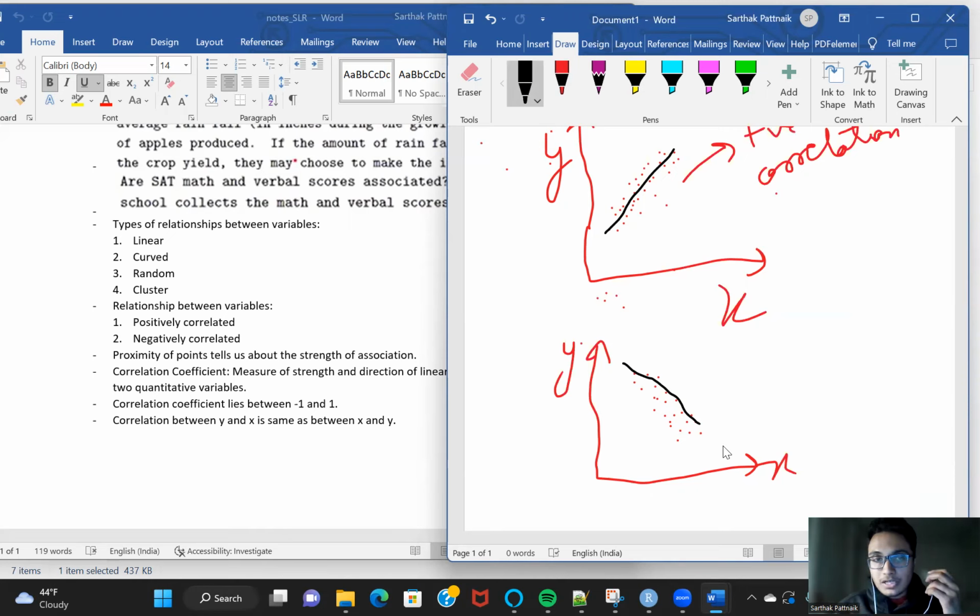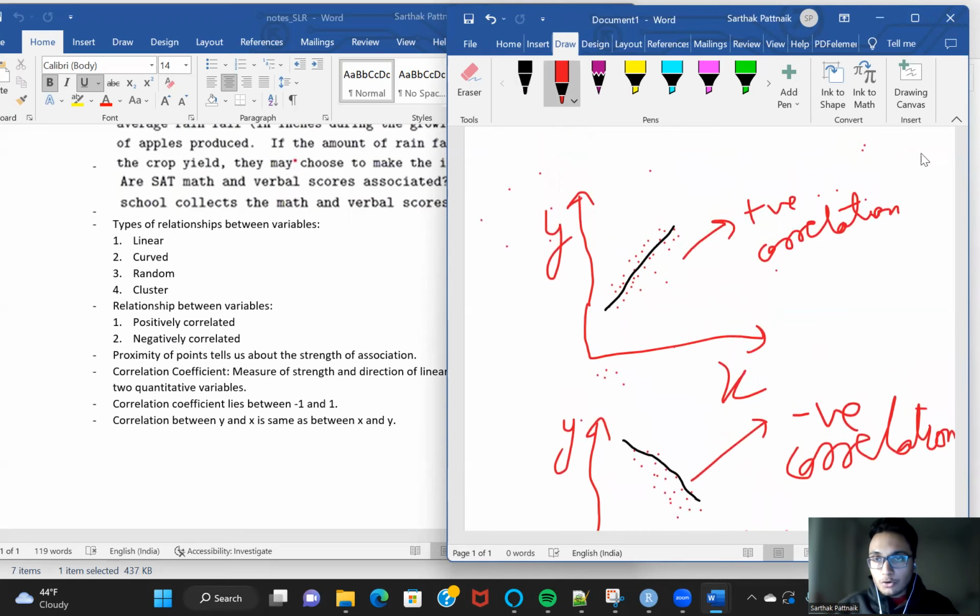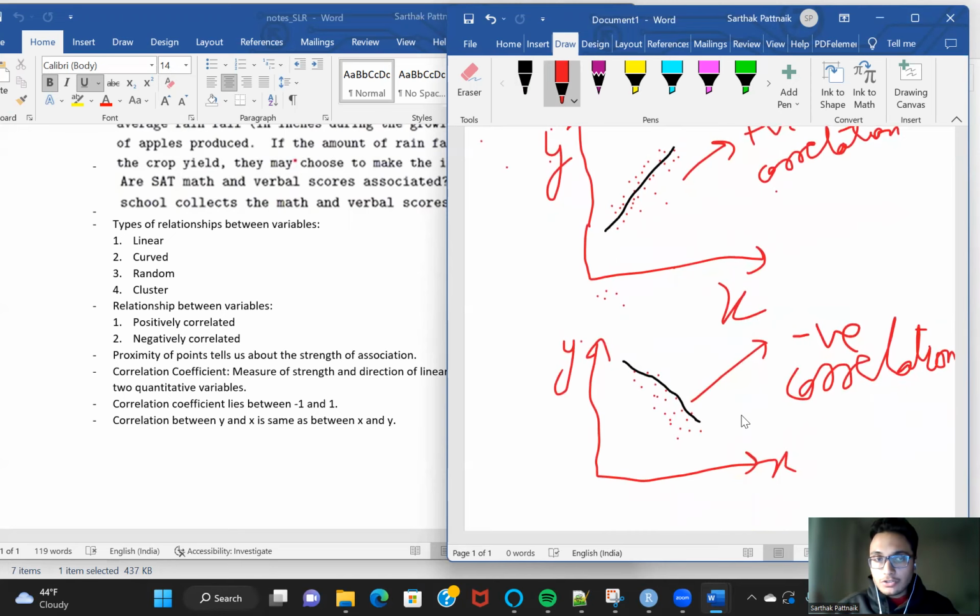This is what is referred to as negative correlation. So this right here is negative correlation. So we have understood positive correlation, and we have understood negative correlation.